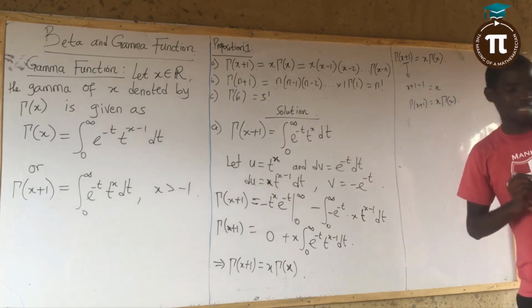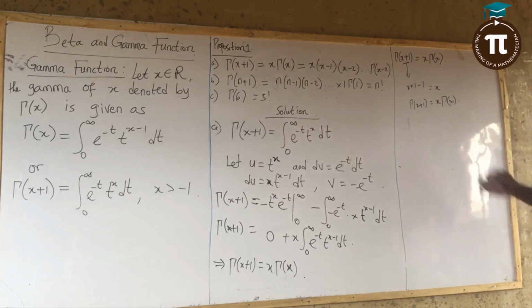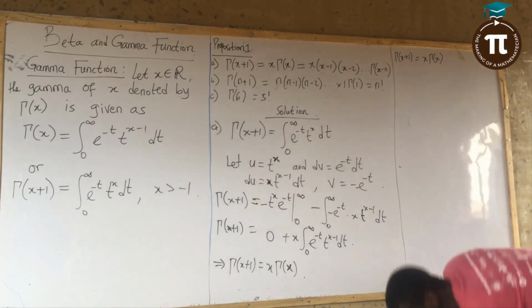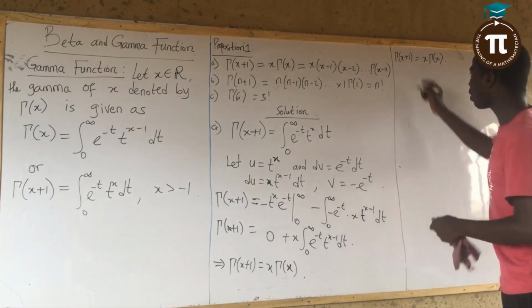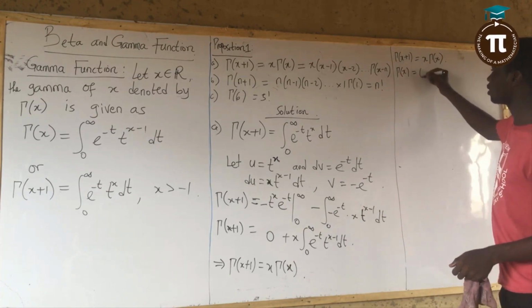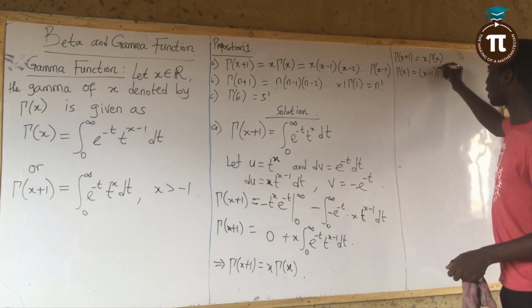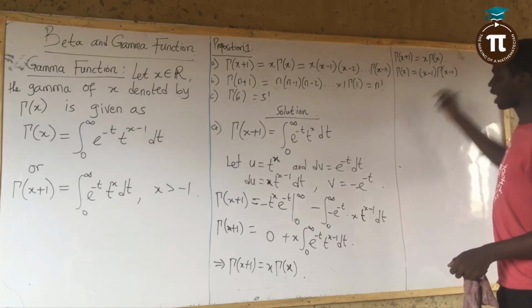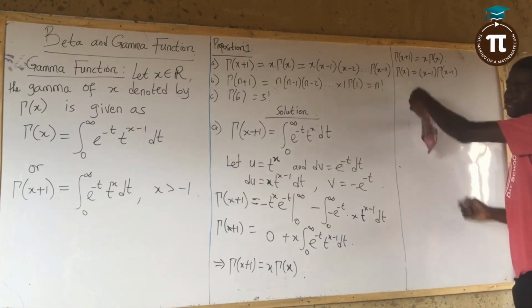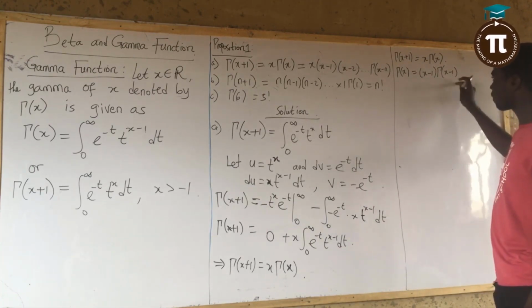So what I'm trying to say is that it follows that if you have gamma of s, subtract 1, it will still be s minus 1, gamma of s minus 1, as shown here. We have proved it already, so it is true. Gamma of s will be equal to s minus 1, gamma of s minus 1.